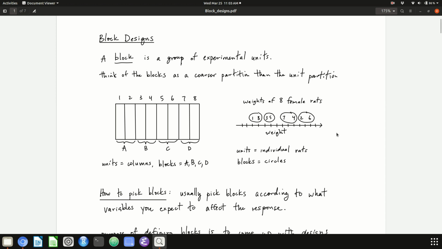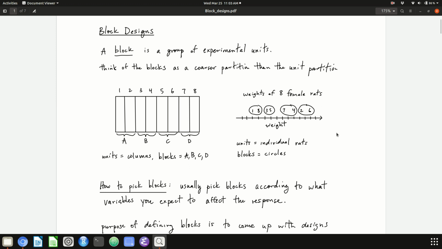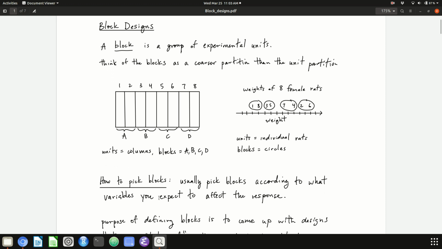I've just picked blocks here, but in general, you usually pick blocks according to what variables you expect to affect the response. In this agricultural example, supposing that we expected the yields to vary substantially along the columns, we want to pick blocks that are in similar spatial orientation with respect to the different columns.